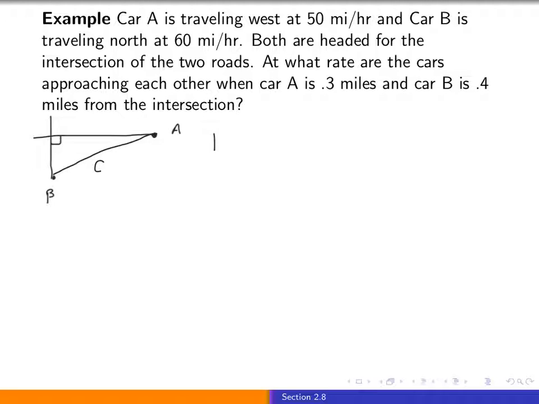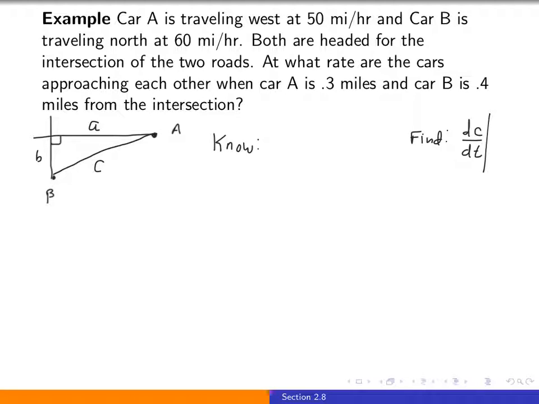So we want to think about what rates of change we know and what rate of change we would like to find. We said we want to find dc/dt at that specific moment when car A is 0.3 miles and car B is 0.4 miles from the intersection. So we need to introduce some more notation.